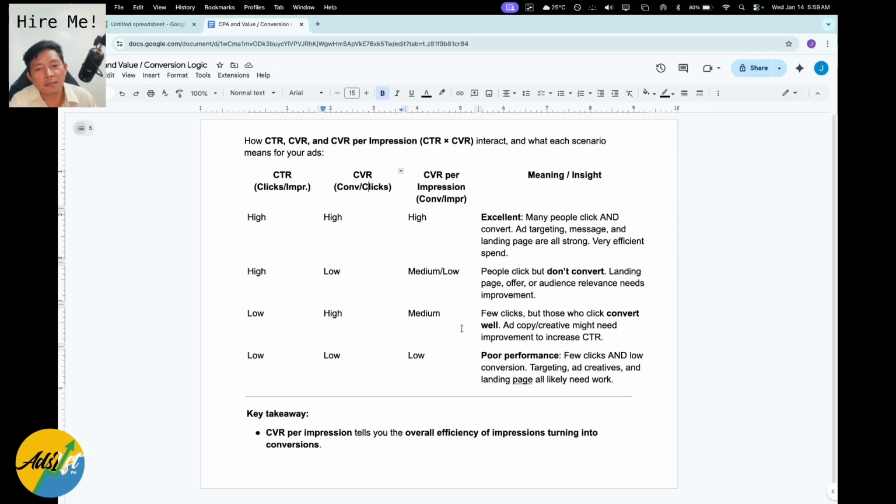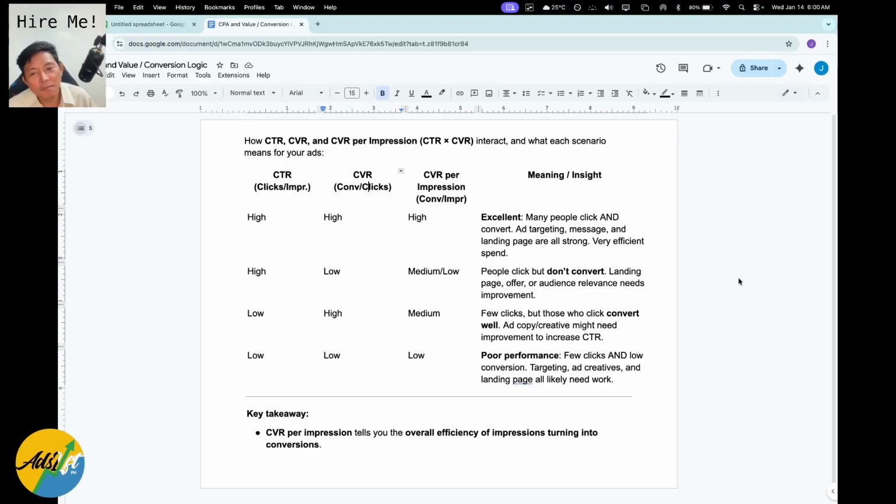So let's get back to this. The formula of this CVR per impressions is CTR times CVR. The results, whether high, medium, or low for the rest of the ad copies, will give you some indications for your further optimization.